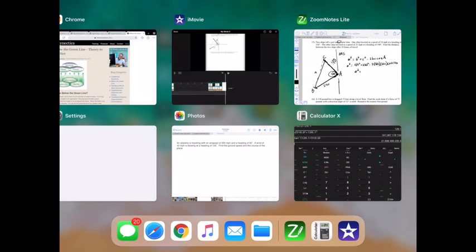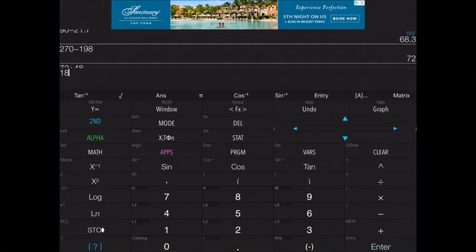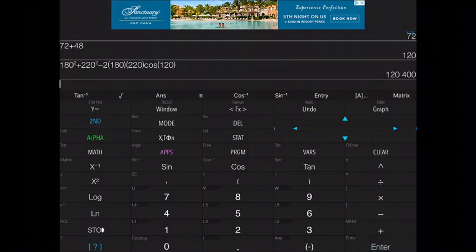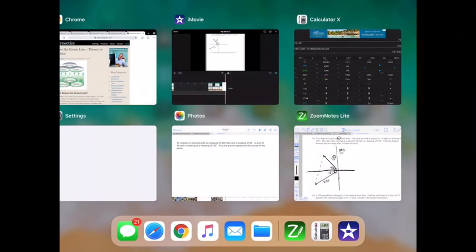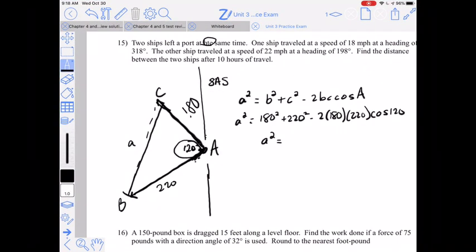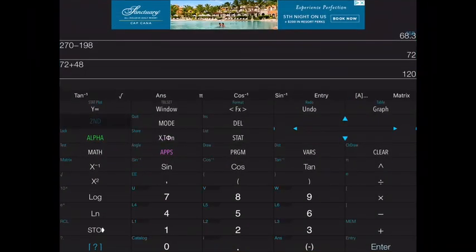So a squared equals 120,400. We take the square root of that.